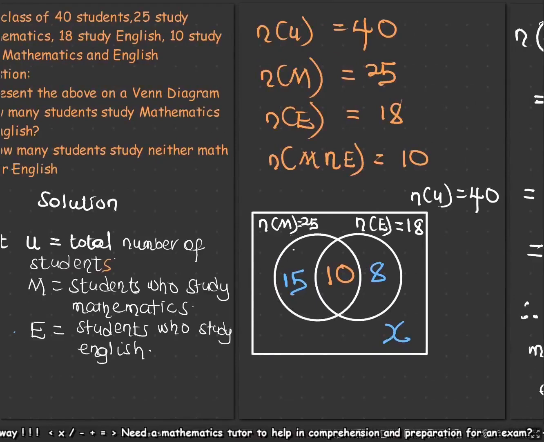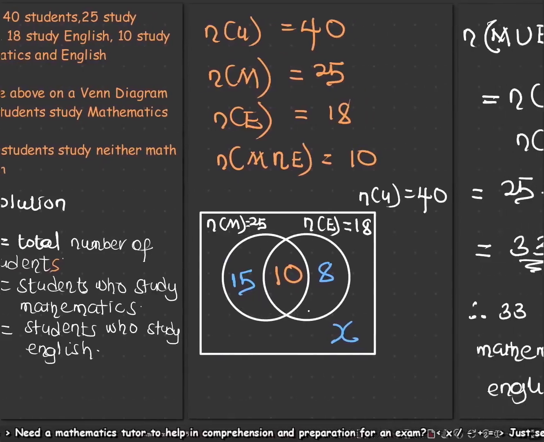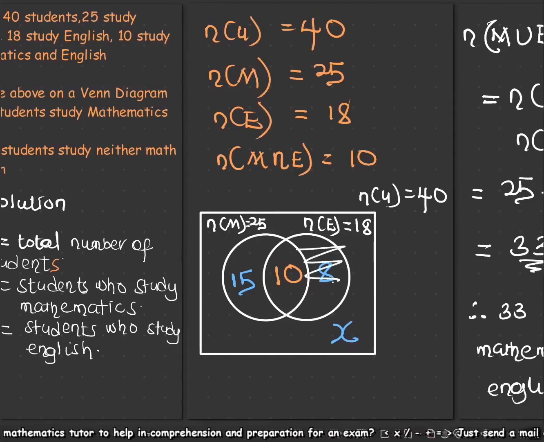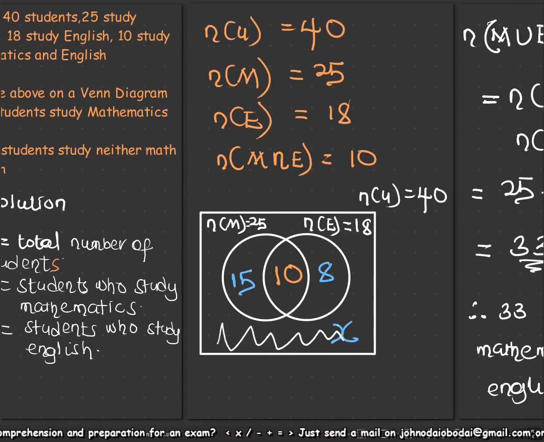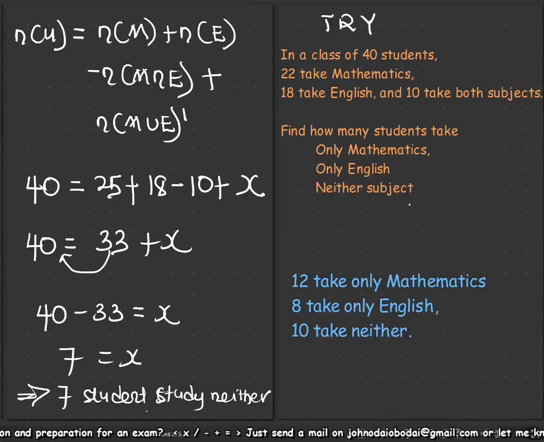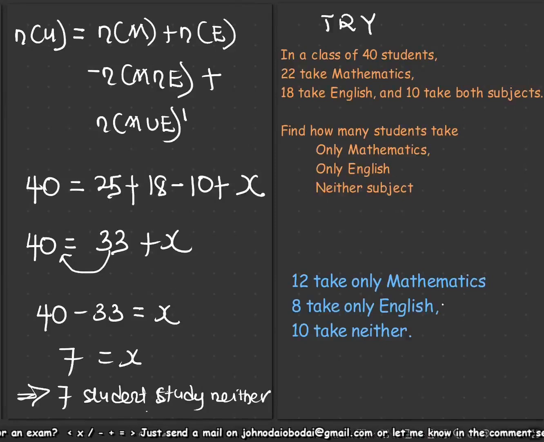But if you mean only mathematics, then it is this portion. You get it? So that is for only mathematics. And then the next one, only English, will be this portion. And the last one asks us to look for the complement. You see? So neither subject. So these are the answers here. And I would like you to work towards it to see if you will get them.